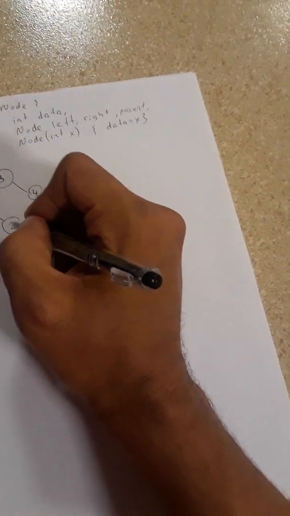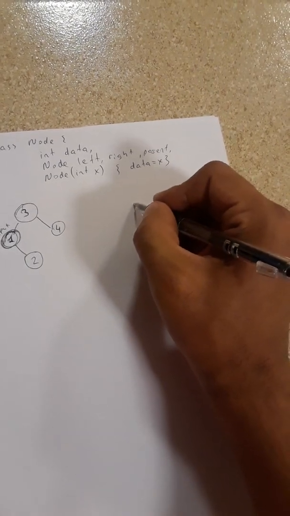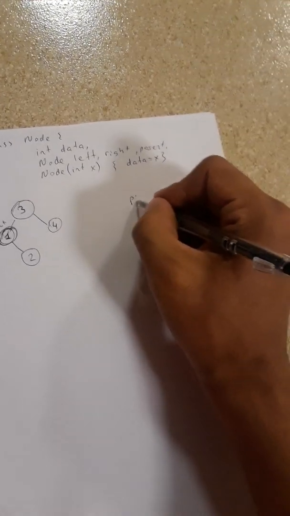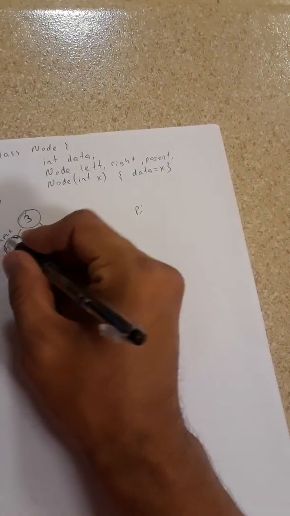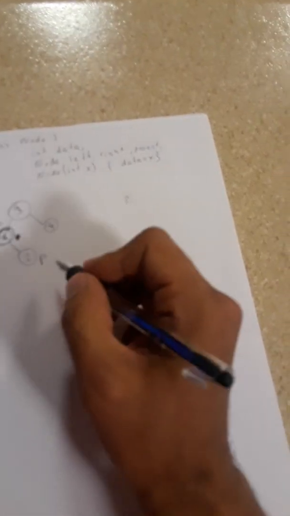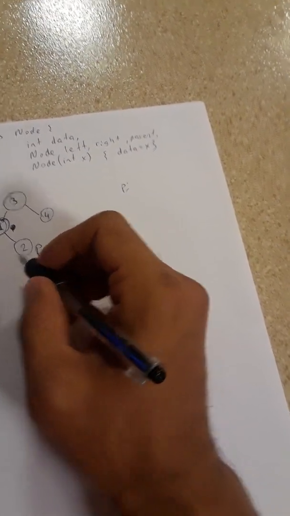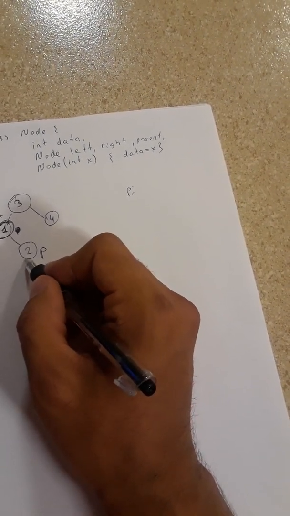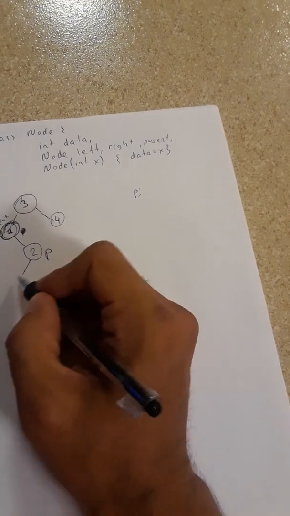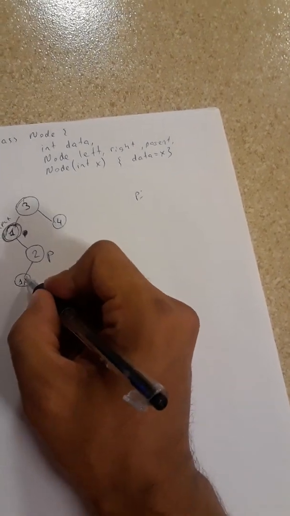If it has, we will declare a variable p, which will be equal to the right child of the input node, and we will check if this node also has other children, for example left children.